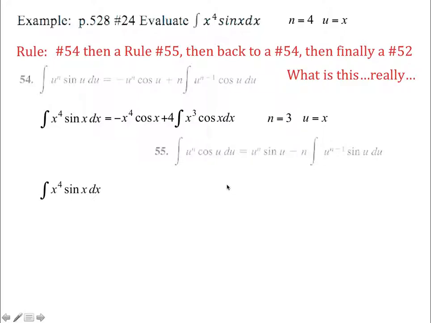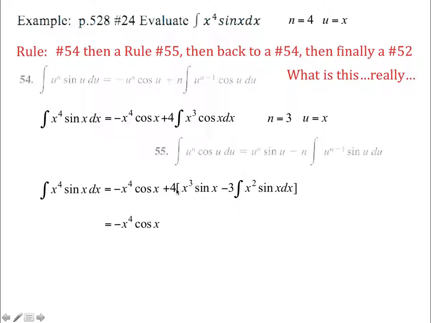And so we're going to end up with this first part from the first integration, and then plus 4 times the quantity. Now we're going to bring in this. So that's going to be x cubed sine x minus 3, because that's what n is now, x squared sine x.